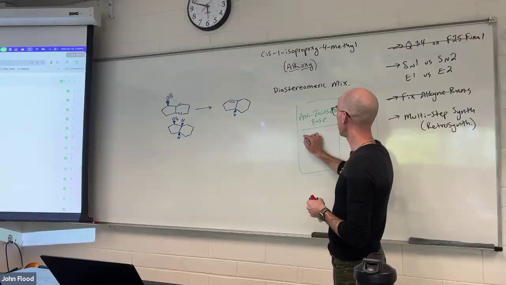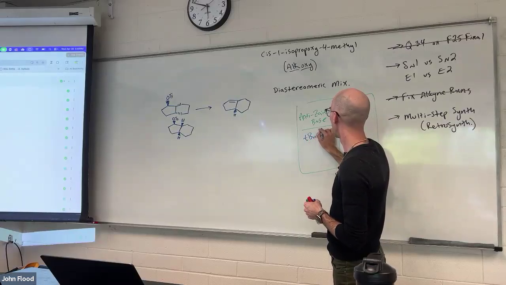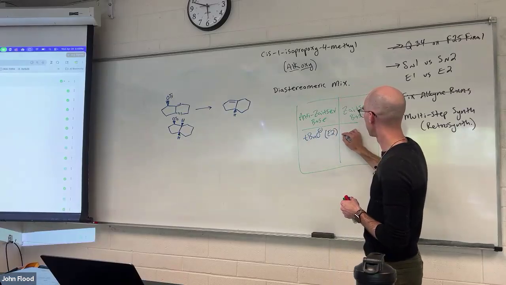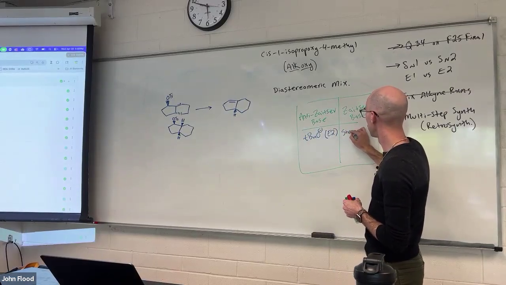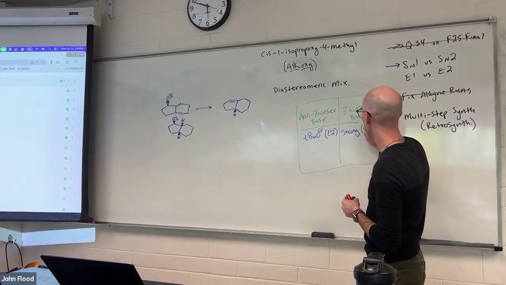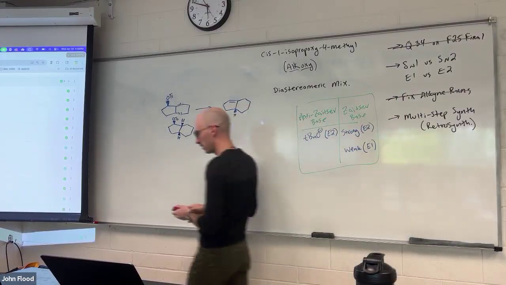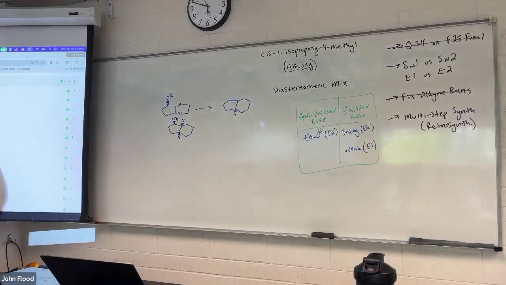What type of base would do a good job here? The job. What type of base would get this job done?